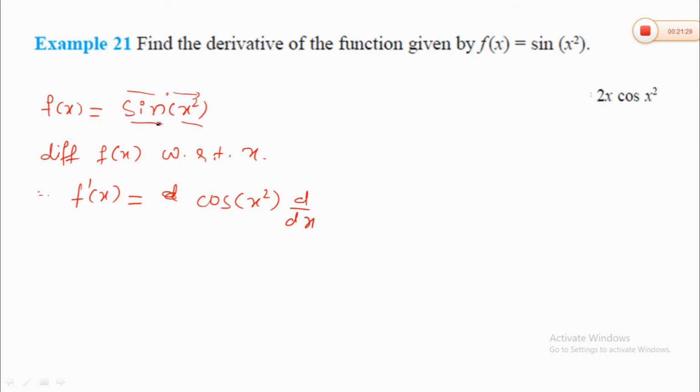Write all these things except sine, keep them as it is. That is, derivative of sine is cos of x square. Next we come to the box x square, that is dy dx of x square. Cos of x square. The derivative of x square is 2x. Therefore this equals 2x into cos of x square.